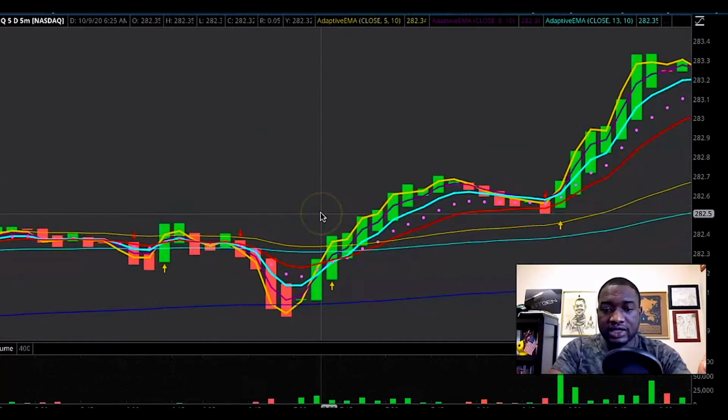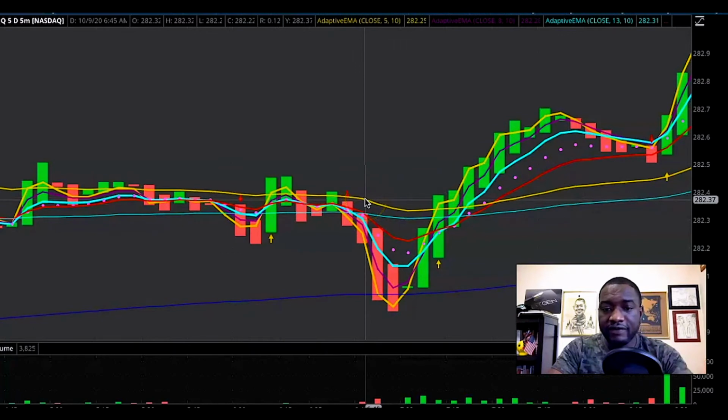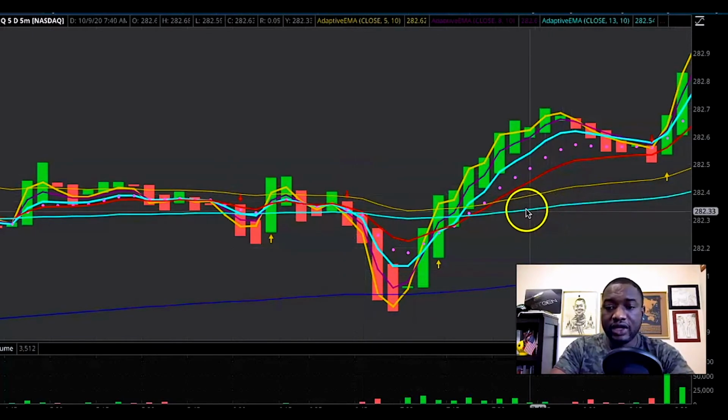Okay, this is a good example here. Right here, this yellow one is the 50 moving average. The price basically served as support and resistance right here, and you have the 100 in the middle.